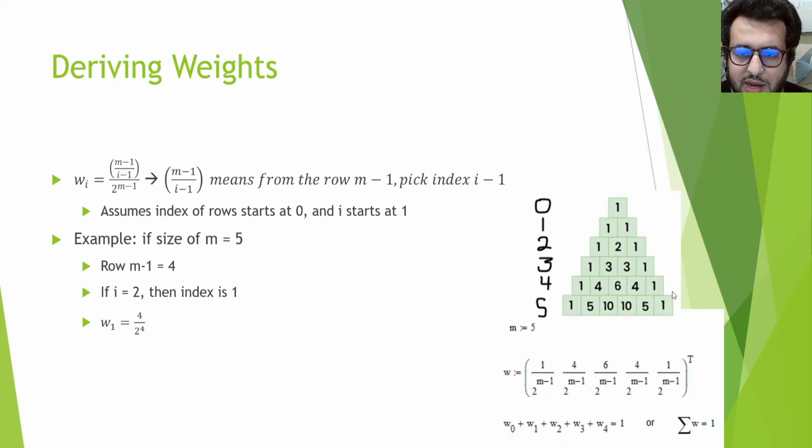Out of this row, the index I is going to decide which coefficient we're going to use. And in the denominator we have 2 to the m minus 1, so 2 to the 4.